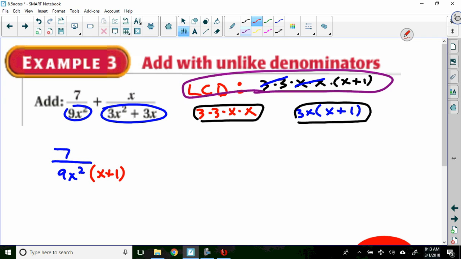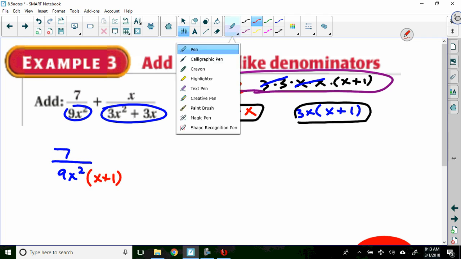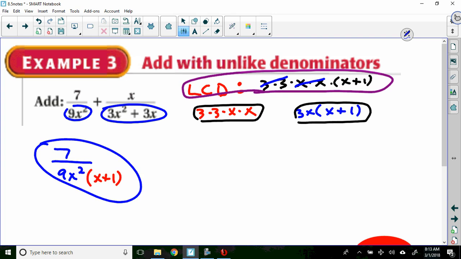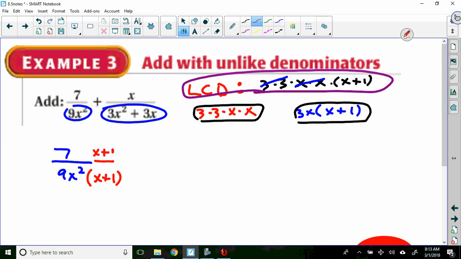Does that make sense? So we've got to multiply that by x plus 1. But if I do that, I just changed the value of this fraction. So I've also got to multiply the numerator by x plus 1.